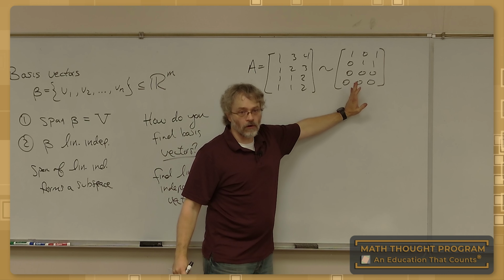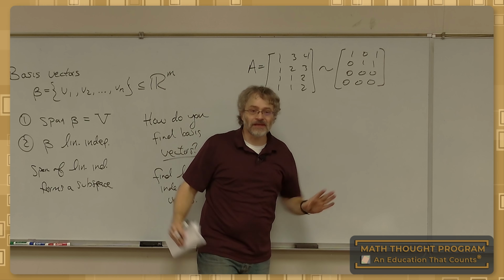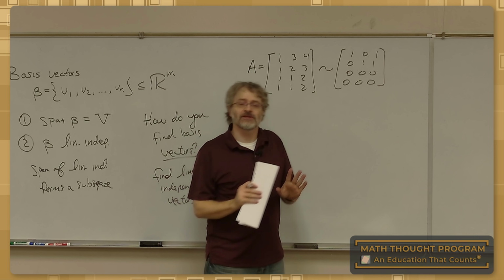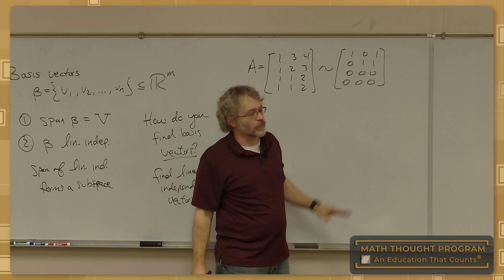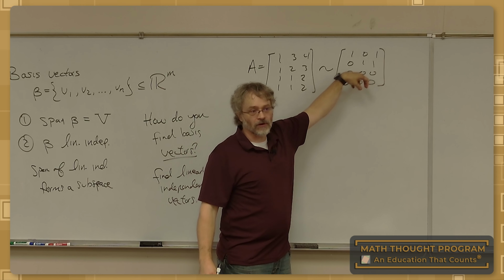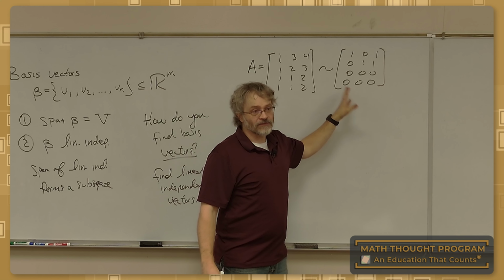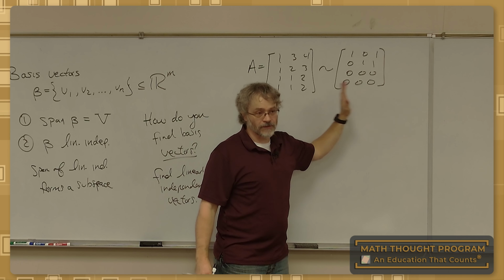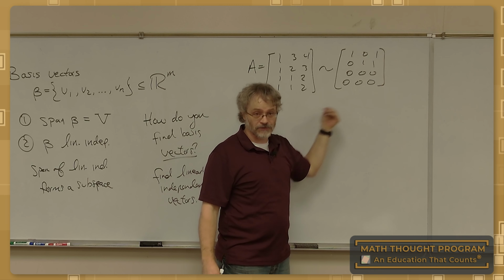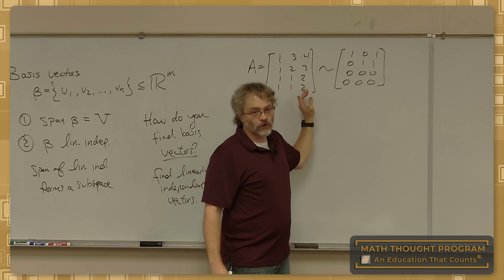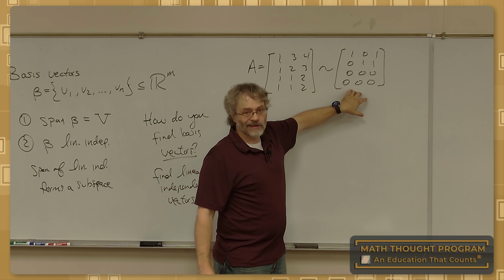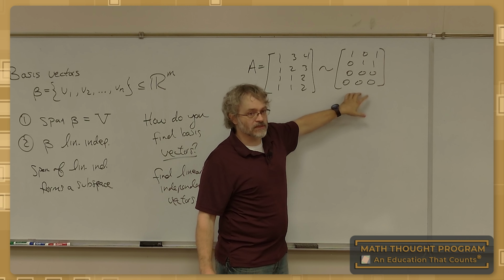when I look at the RREF, and really you don't have to look at RREF, you just need some kind of echelon form to identify where the pivot columns are. RREF just goes a little bit further, gives more information than you really need to answer this question. Look over here to see which are your pivot columns.